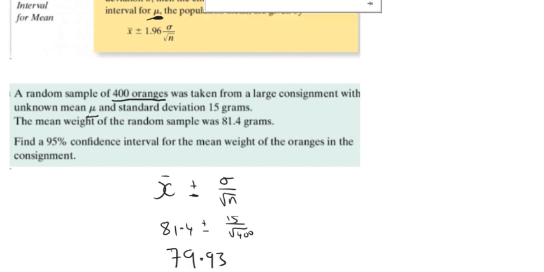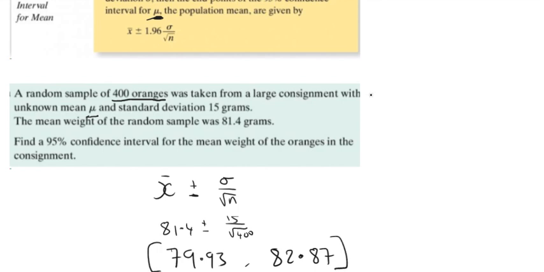You should get 79.93 and 82.87. So that's our confidence interval for the mean. The mean of all of the oranges in the whole consignment has to be between 79.93 and 82.87.